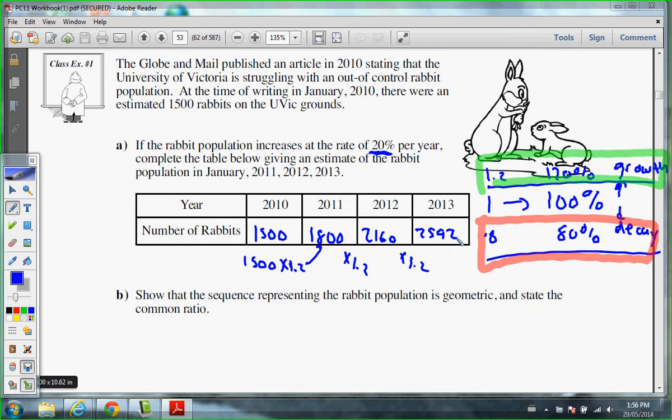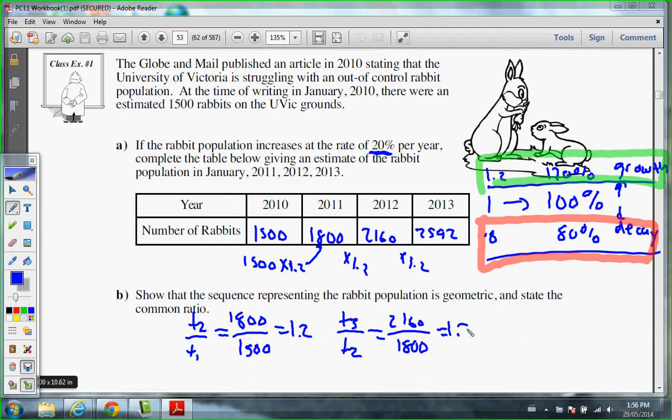Show that the sequence representing the rabbit population is geometric. To show that, we're going to do them as fractions over each other. T2 over T1 equals 1,800 over 1,500 equals 1.2. Then T3 over T2, which is 2,160 over 1,800, equals 1.2.